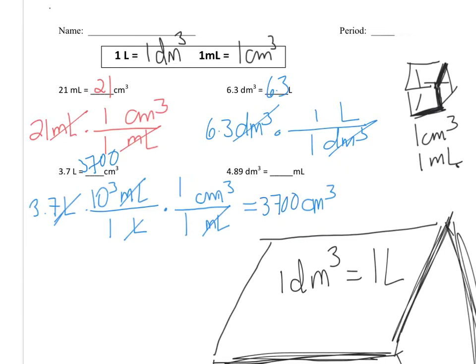Okay, let's do it the other way just for fun. So if I were to do it the other way, I would say 3.7 liters. On the bottom I put liters, on top I put decimeters cubed. It's a 1 to 1 based on this relationship.